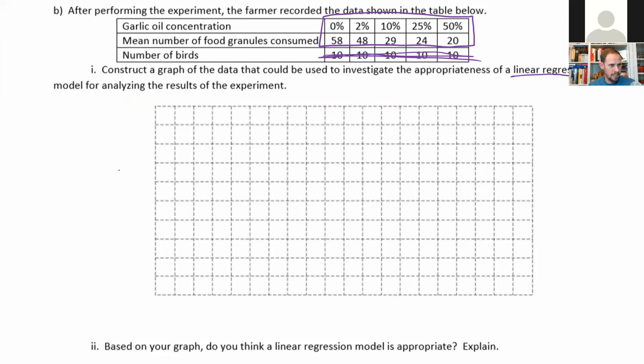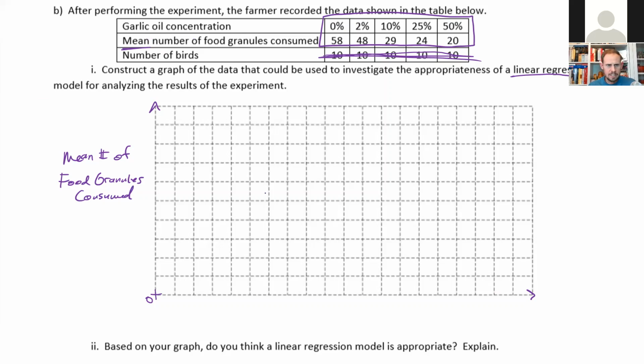All right, so that means we have an X and Y axis, and we've got to label them and say what they stand for. If you did not label them, bad. All right, so 0 is going to be there in the corner, 0, 0. And so we are measuring the number of food granules consumed. So that's what we want over here. And in fact, it's the mean number of food granules consumed.